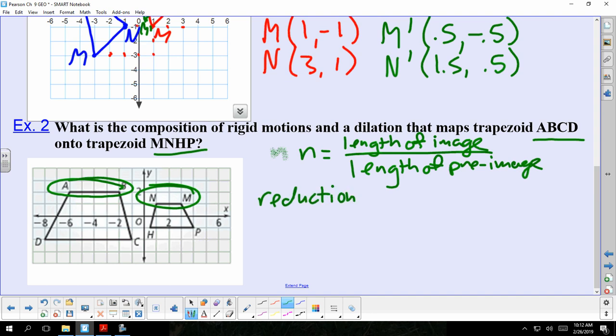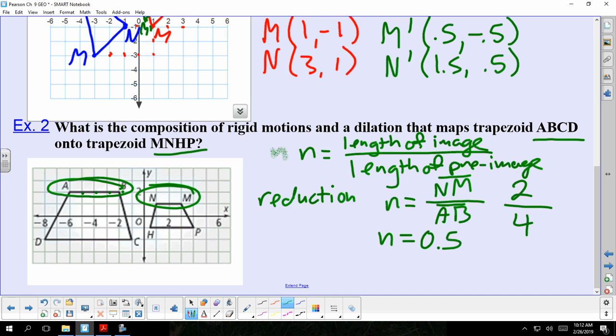So our scale factor is going to be the length of the image MN over the length of the pre-image AB. So I have 2 over 1, 2, 3, 4. My scale factor is 0.5.